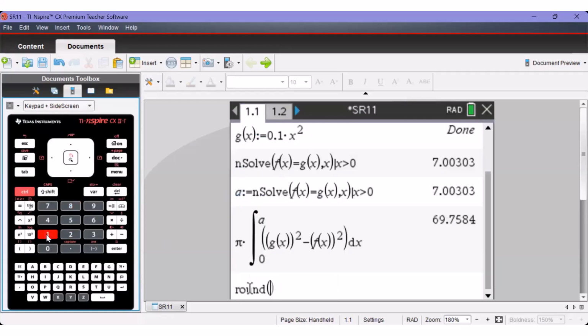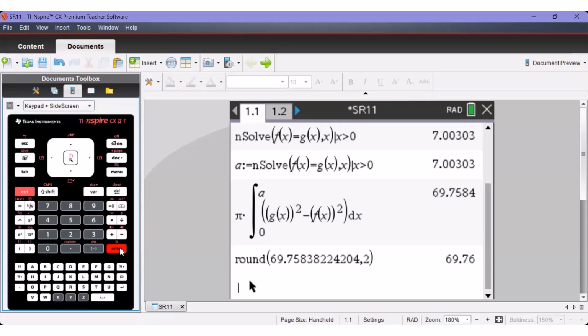Go up and grab the last output, then separate that and the number of decimal places that you want to round to by a comma, 2, press enter, and correct to 2 decimal places. The volume of this solid is 69.76 cubic units.